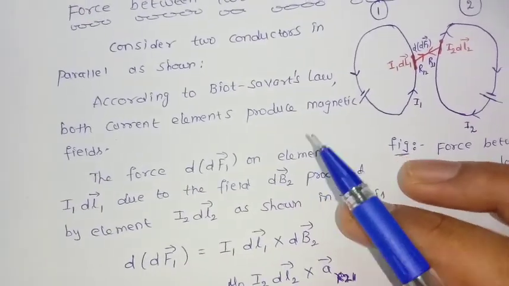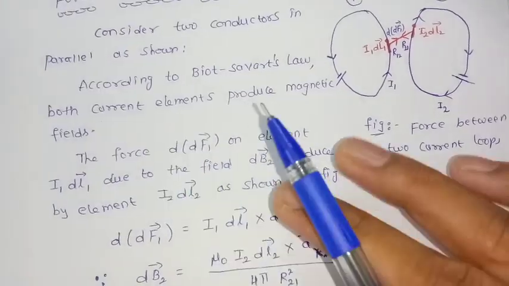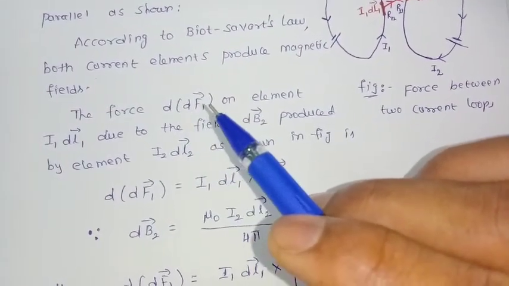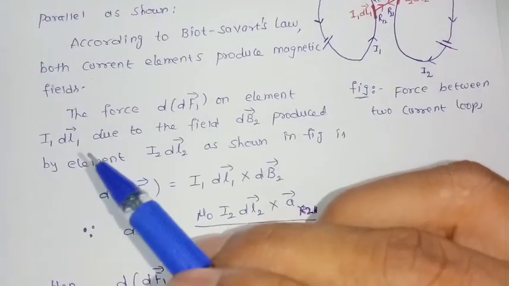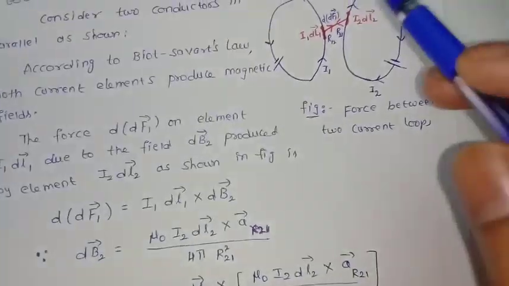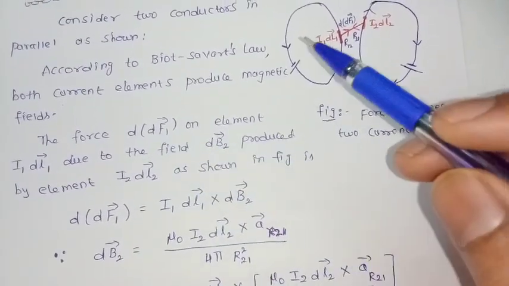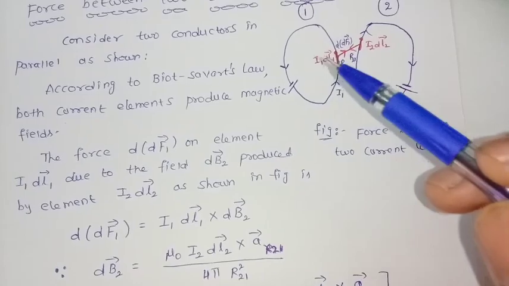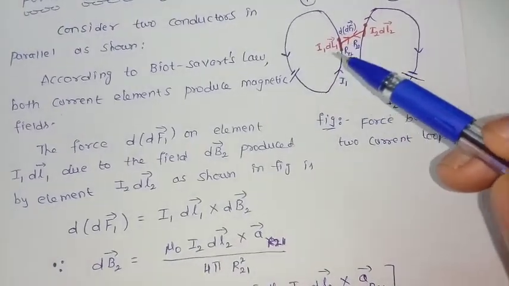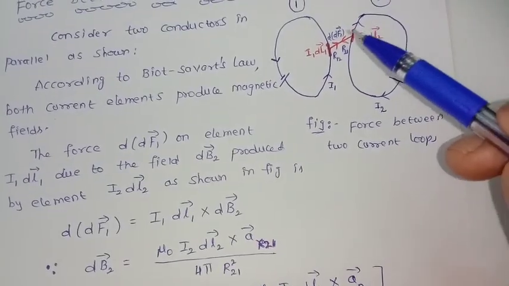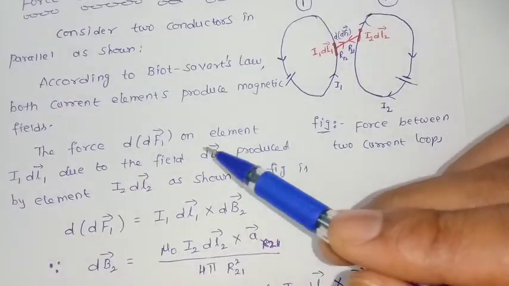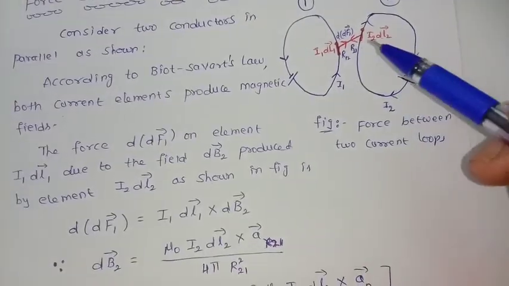The force d of dF1 vector on element I1 dl1 due to the field dB2 produced by the other element, as shown in the figure, is the force on loop 1, that means on this current element due to the field. Here I am going to talk about differentials, that's why the field is also differential, produced by whom?